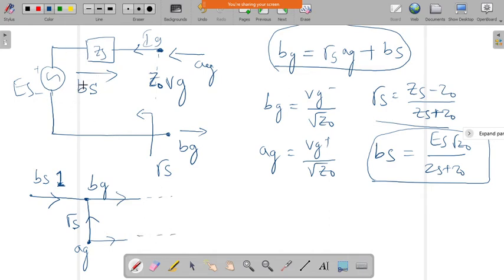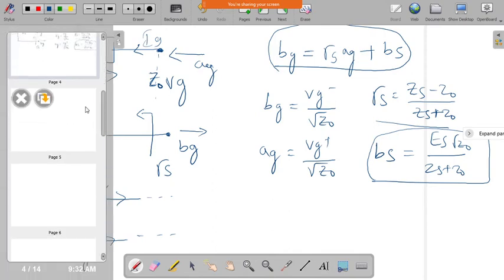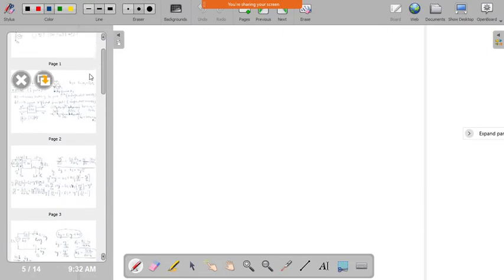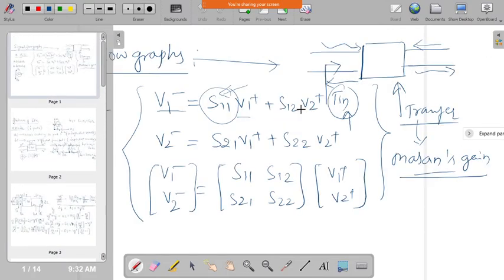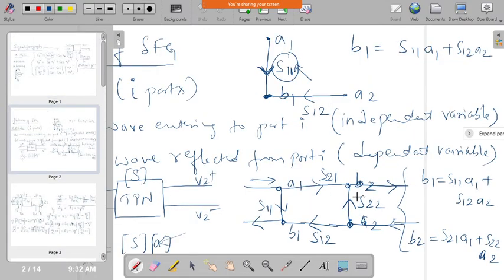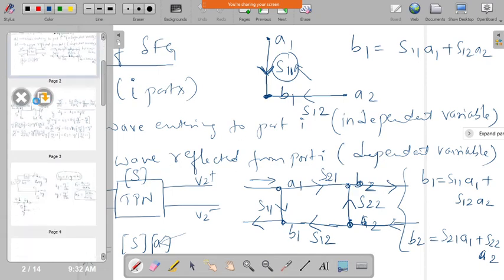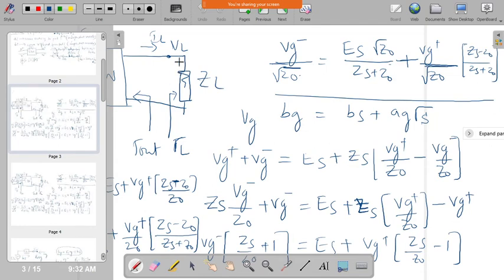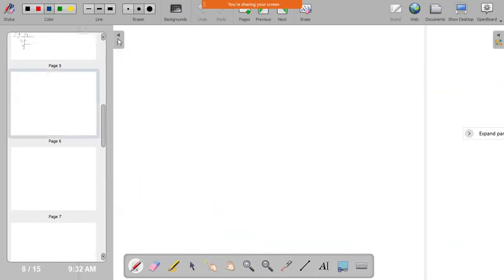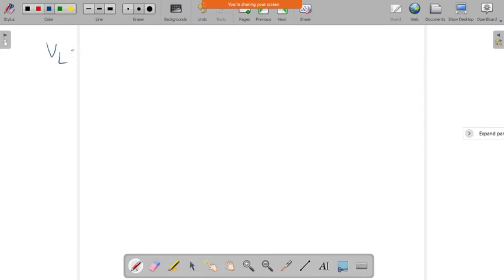Now similarly we have the load side. How can we write the load side for this network? For the load side we have already assumed the voltage VL, which is nothing but IL into ZL.